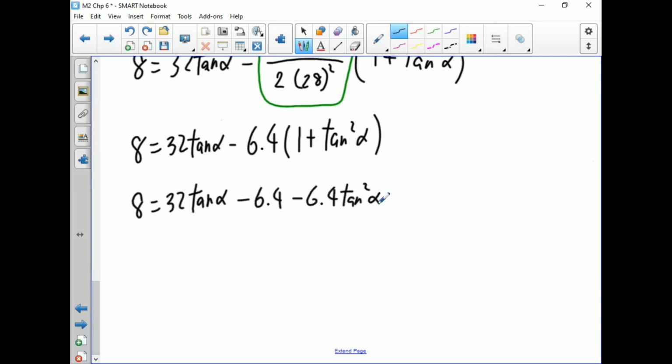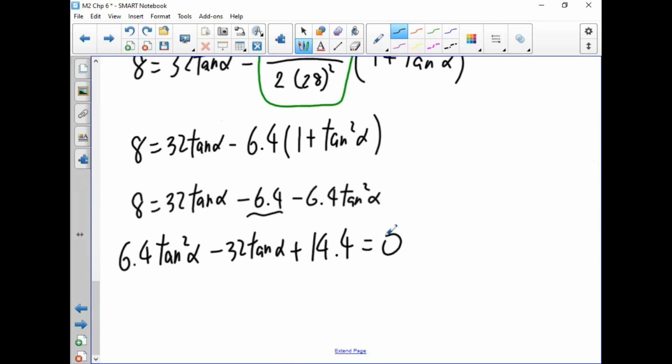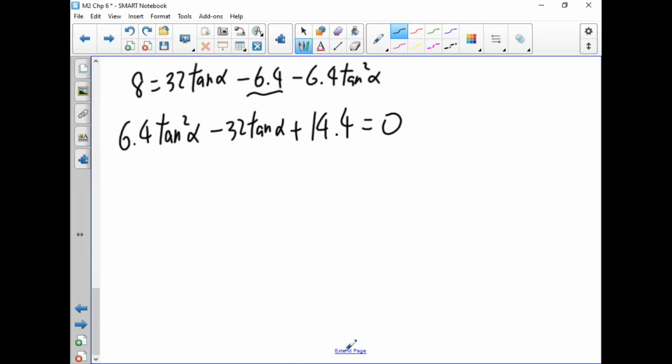Guess what? Quadratic equation. So I'll rearrange it nicely. So 6.4 tan squared alpha, move everything to the left-hand side, minus 32 tan alpha. The minus 6.4 to the left-hand side becomes a plus. So 8 plus 6.4 is 14.4 equals 0. Then I can put it in a calculator. Let the calculator do the work for me to solve the quadratic equation.